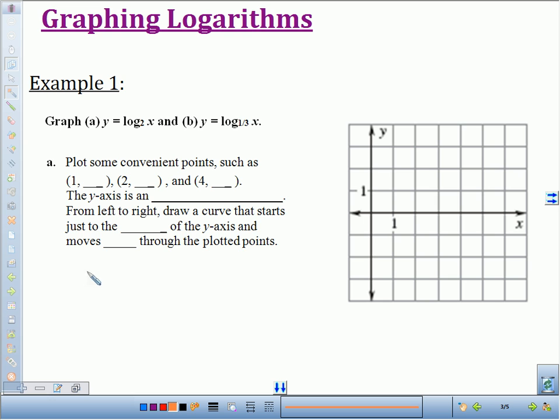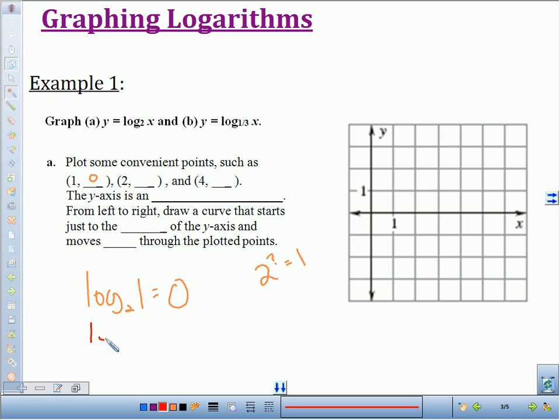When I say log base 2 of 1, for instance, we're asking ourselves, what power do I raise 2 to get 1? And the answer to that is 0. So when x is 1, y is 0.